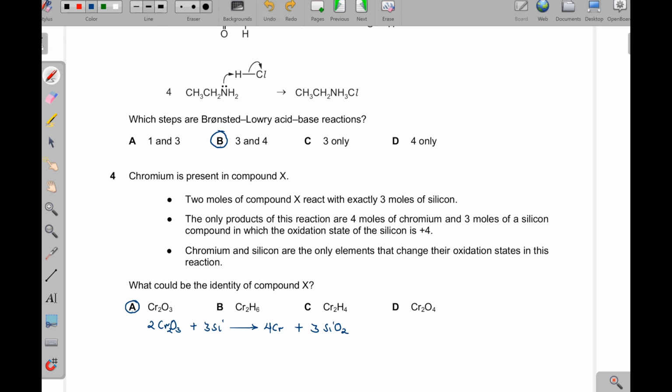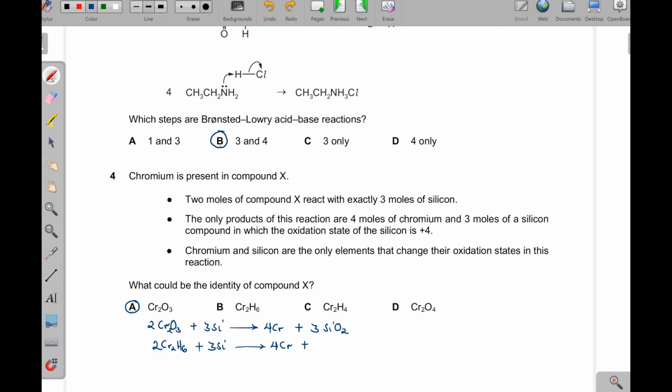Let's look at this one here. You have chromium 2, hydrogen 6, and then this one is going to be 2, plus 3 of silicon, and then here you're going to have 4 chromium, and then plus what we have in here. Now, here, there is something we need to know.